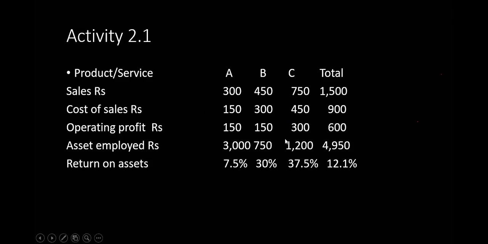But if you follow traditional management accounting, a traditional management accountant may provide this information, and the board may conclude that okay, product C is good or business C is the best. But as a new strategic oriented management accountant, these 4, 5 line items are not enough.